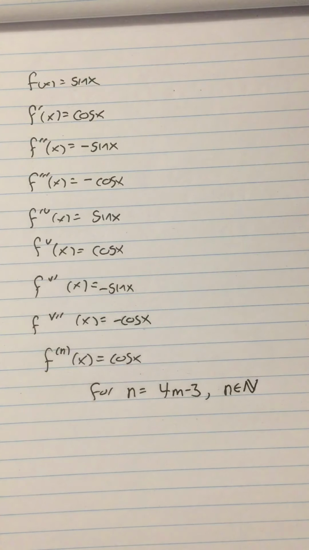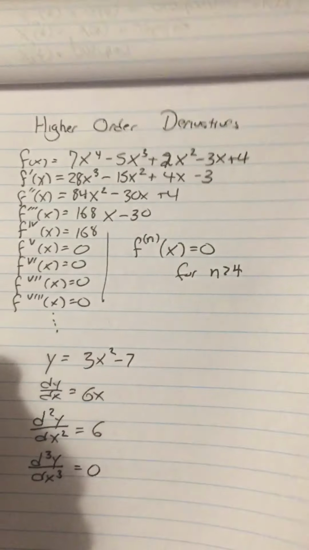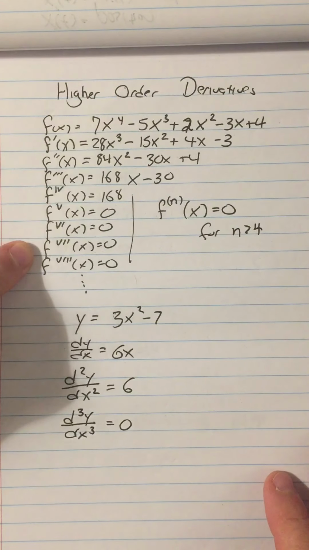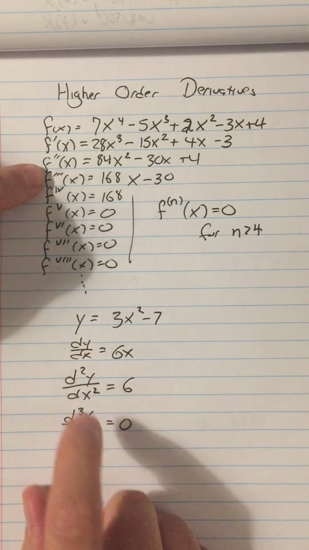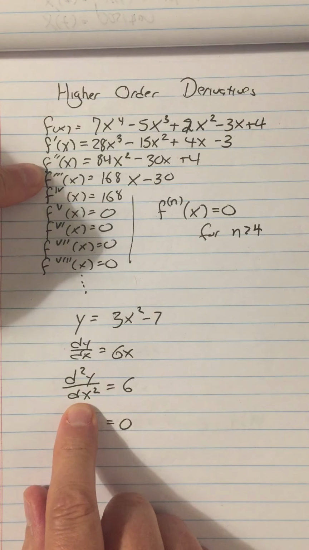Before we go on to other things, something that I posted. We have all these notations that can get kind of confusing with calculus because we have different notations for the same thing, right? dy dx and f prime mean the same thing. F double prime and d squared y dx squared mean the same thing.